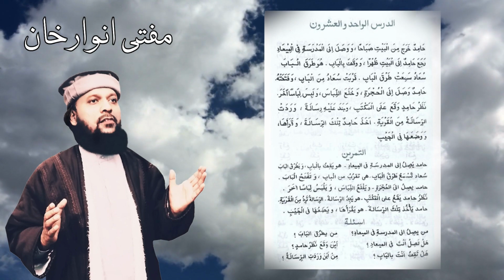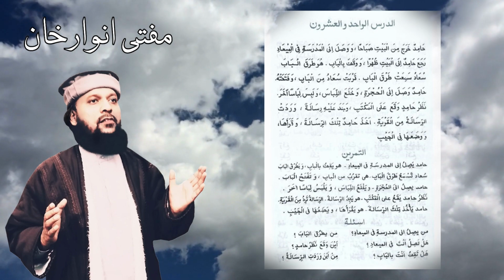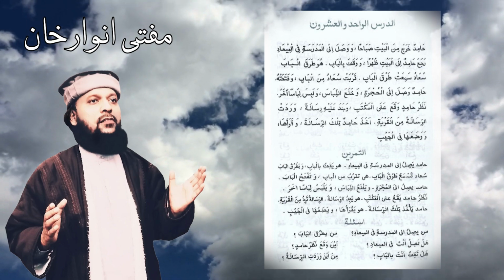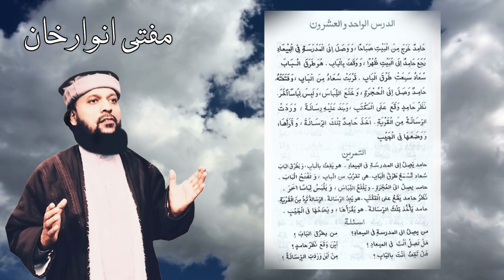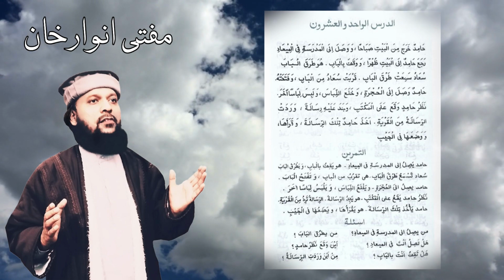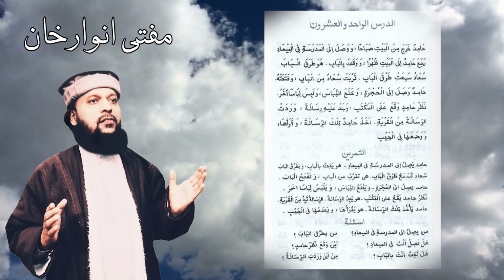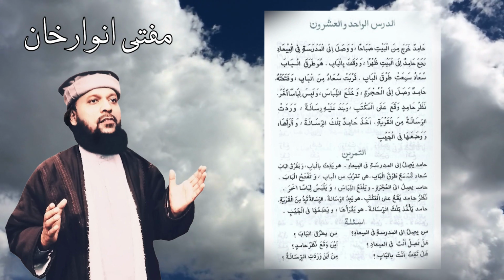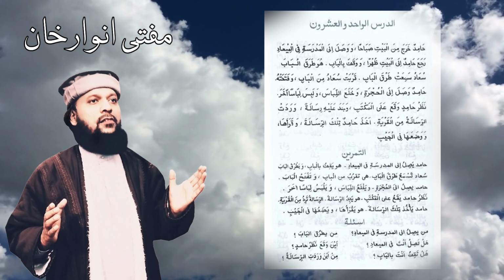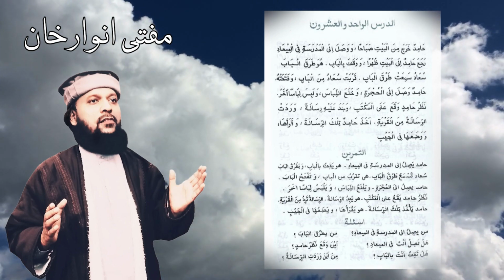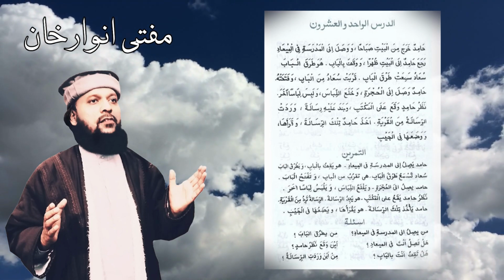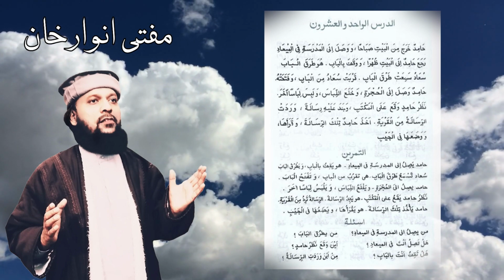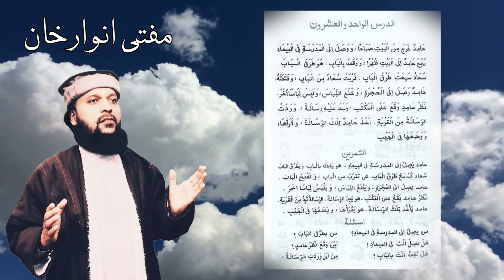So if any verb in Arabic has the first radical as waw or ya, that is technically known as al-mu'tallul fa, meaning its first radical is weak. And more specifically, it is called mithal.